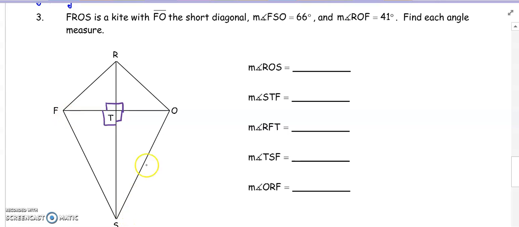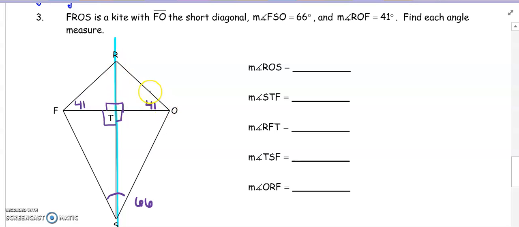Angle FSO is 66 degrees. Angle ROF is 41 degrees. Keep in mind again, it is symmetrical over that long diagonal. So if it's 41 on the right, it's 41 on the left.